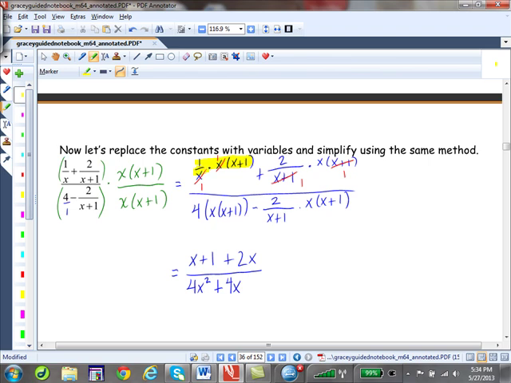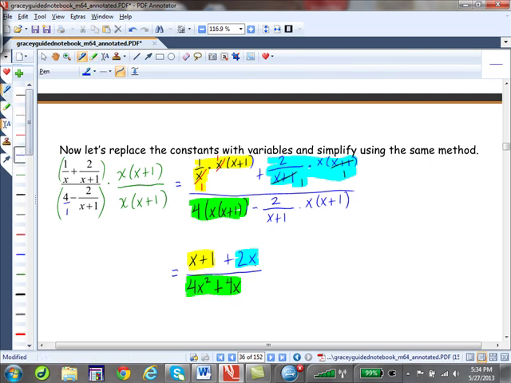So this here ended up as x plus 1. This guy here ended up as 2 x's. And then this guy here ended up as 4x squared plus 4x's. And then we have one more to go.